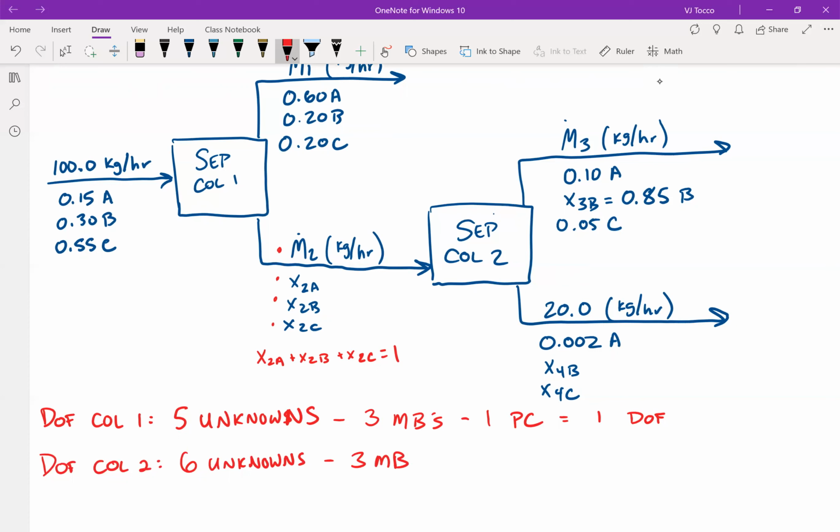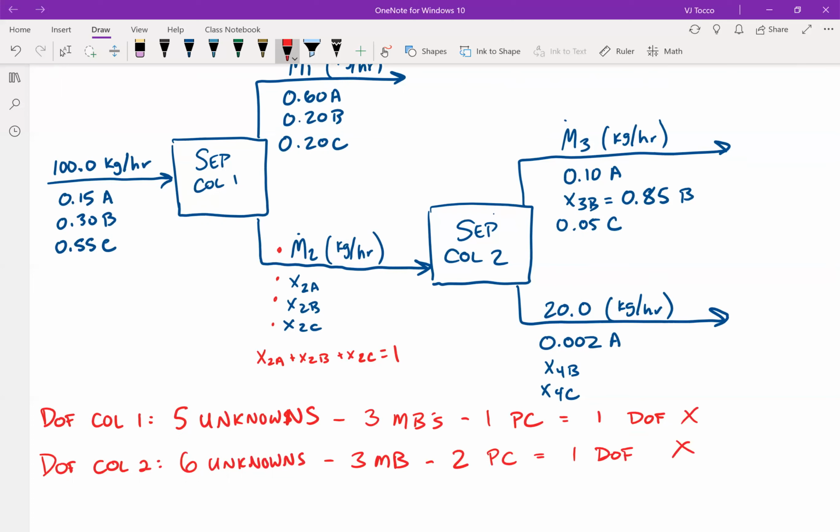Always, I'm going to have 3 material balances for any system, any subsystem within this big system, because I have 3 components. And here I have 2 physical constraints, actually, because I have one from the input stream and one from the 4th stream, or the bottom stream. So 2 physical constraints, but 6 minus 3 minus 2 is still 1 degree of freedom.